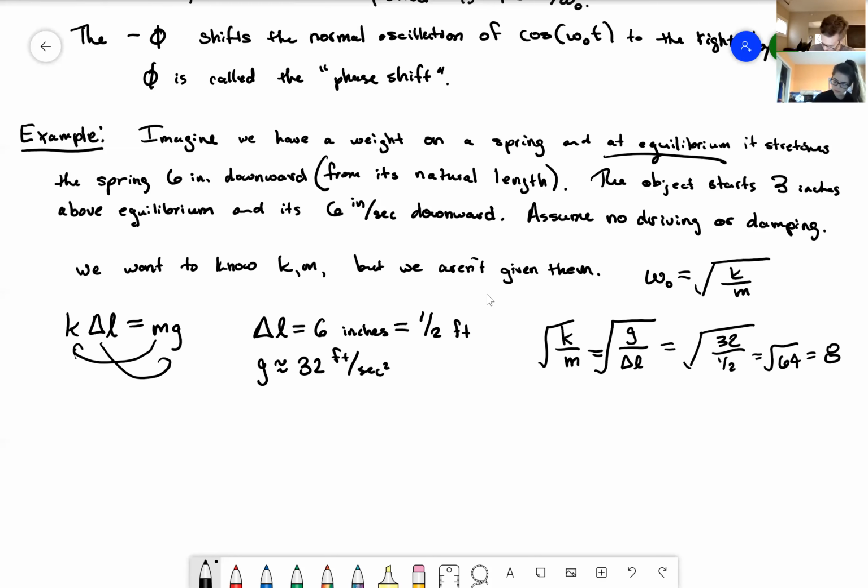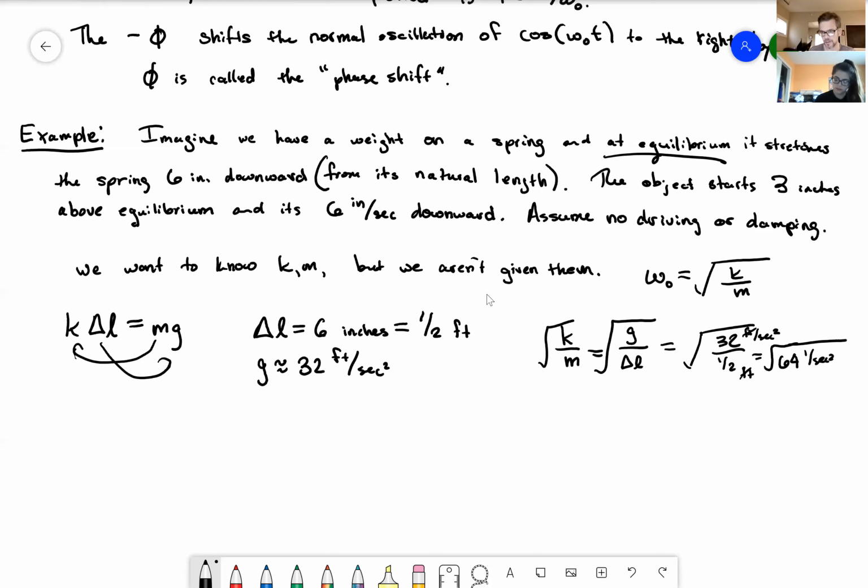And what are the units on this 8? Well, this was 32 feet per second squared, and this was 1/2 feet, so the feet cancel out, and we're left with 1 over second squared.